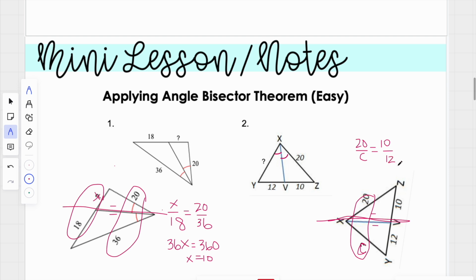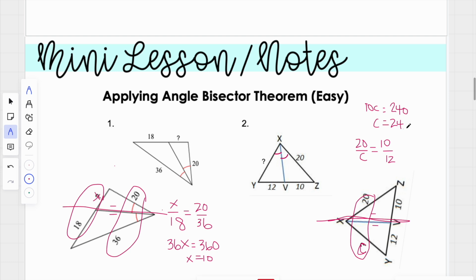All right, okay. Now I've got my proportion set up. I'm going to cross multiply. Okay, so 20 times 12 is equal to 10 times c. So 10 times c is equal to 20 times 12, which is going to be 240. All right, and then I'm going to divide out that 10, and c will equal 24.